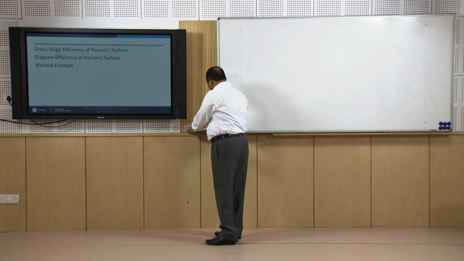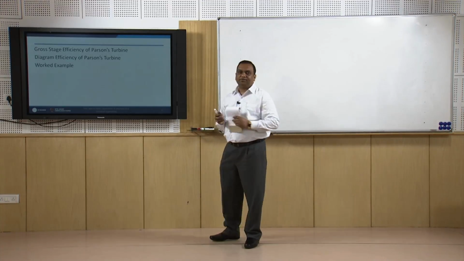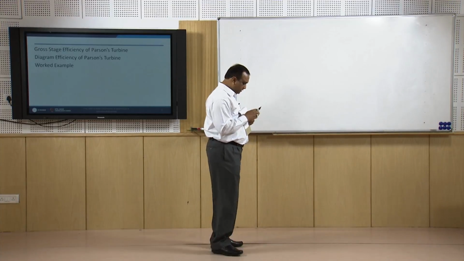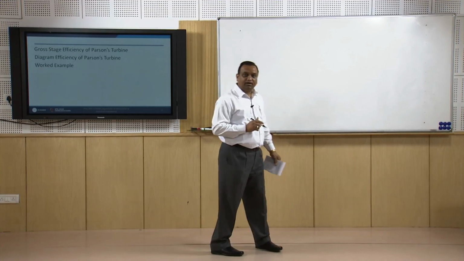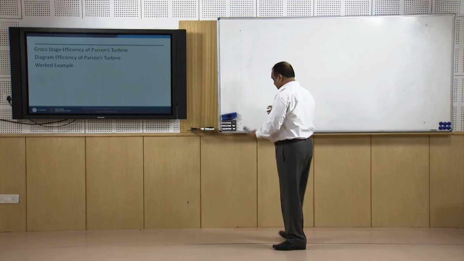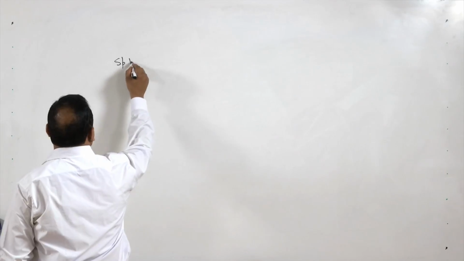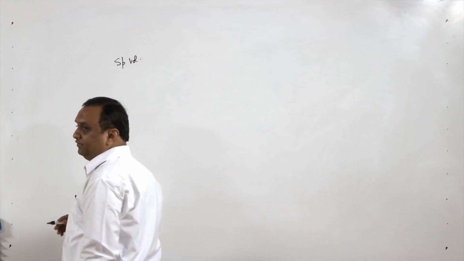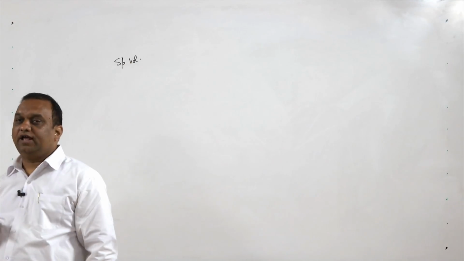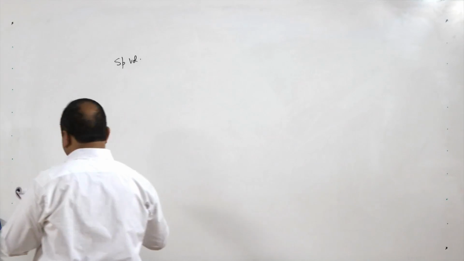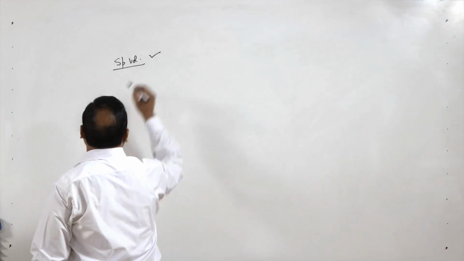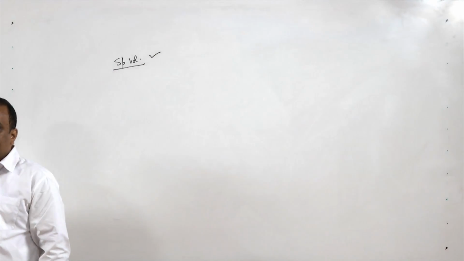Now, in a Parsons turbine, there is a pressure drop in the nozzles and the stage as well. That is why there is an increase in specific volume in subsequent stages.